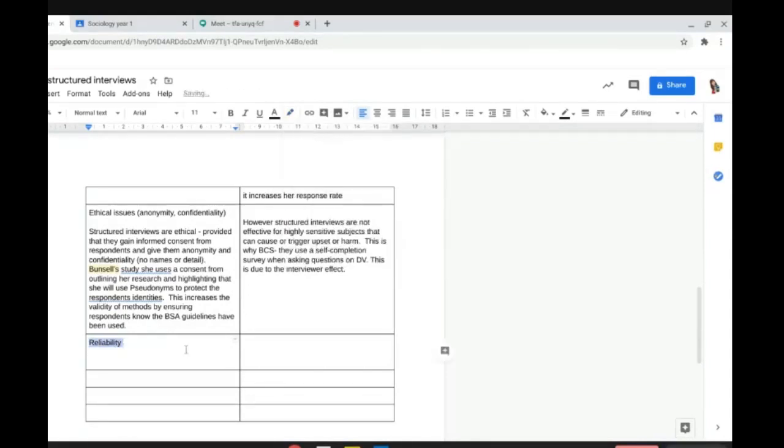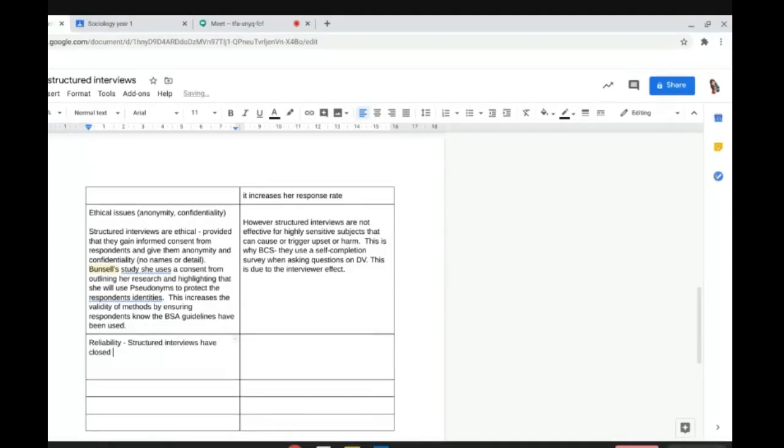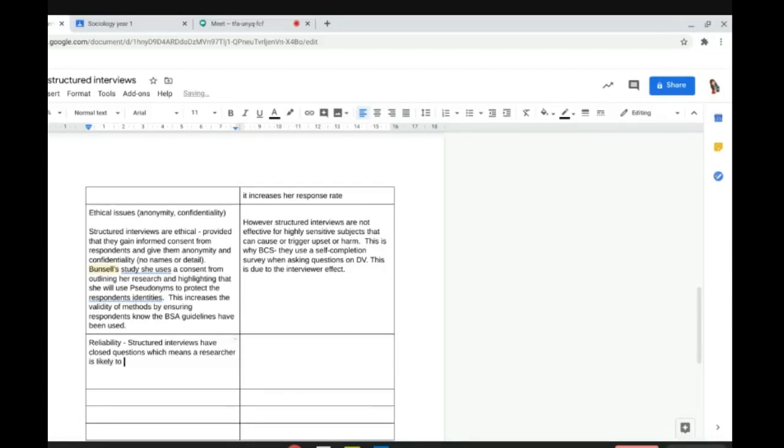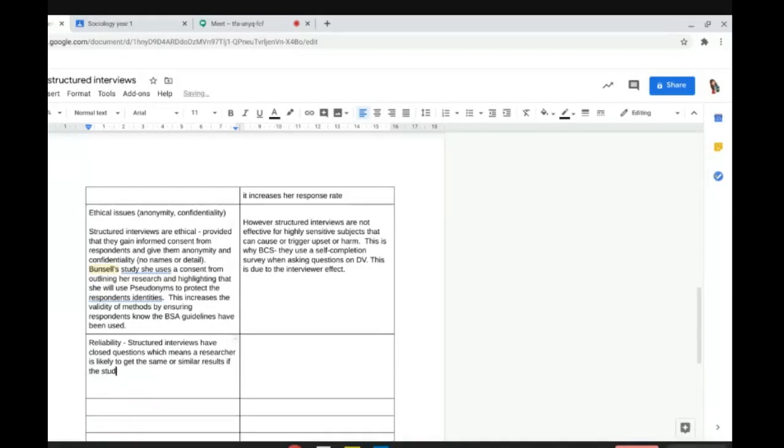So with reliability, structured interviews have closed questions, which means a researcher is likely to get the same or similar results if the study were to be repeated.